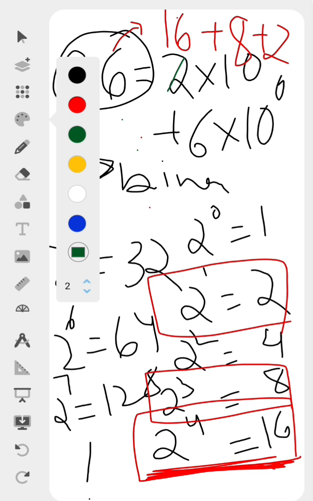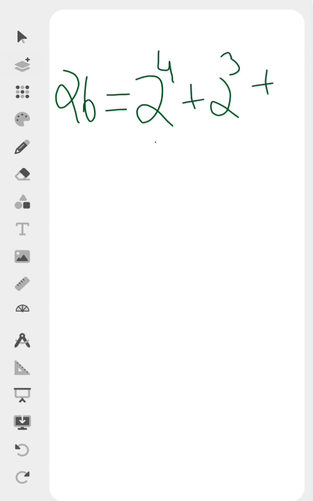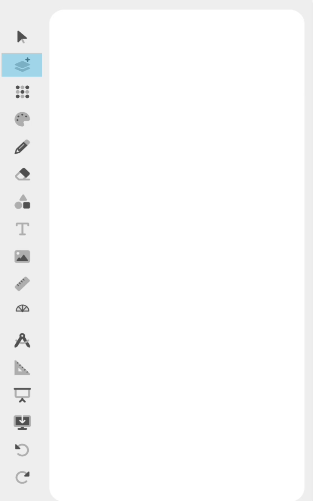So this is nothing but 2 to the power 4 plus 2 to the power 3 plus 2 to the power 1. So 26 can be written as 2 to the power 4 plus 2 to the power 3 plus 2 to the power 1.